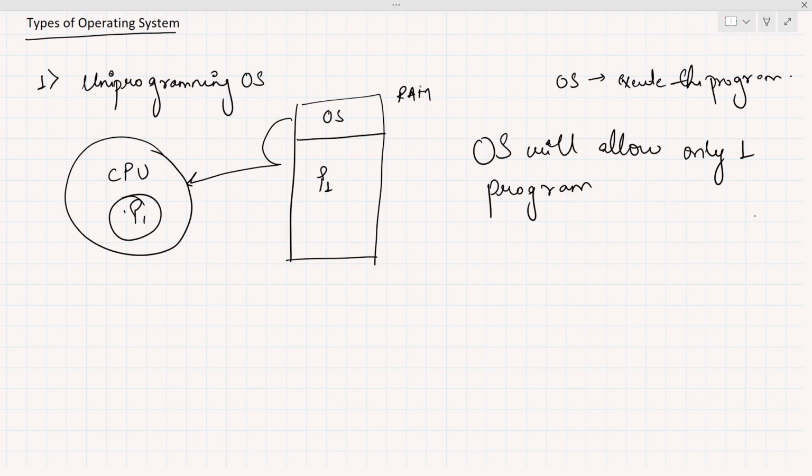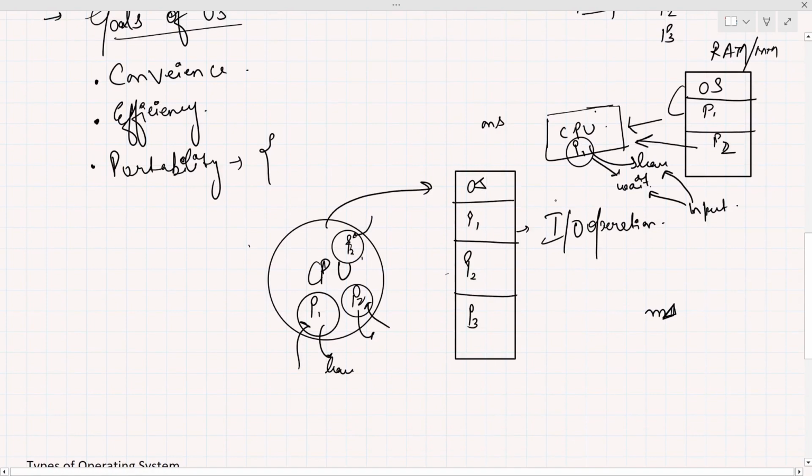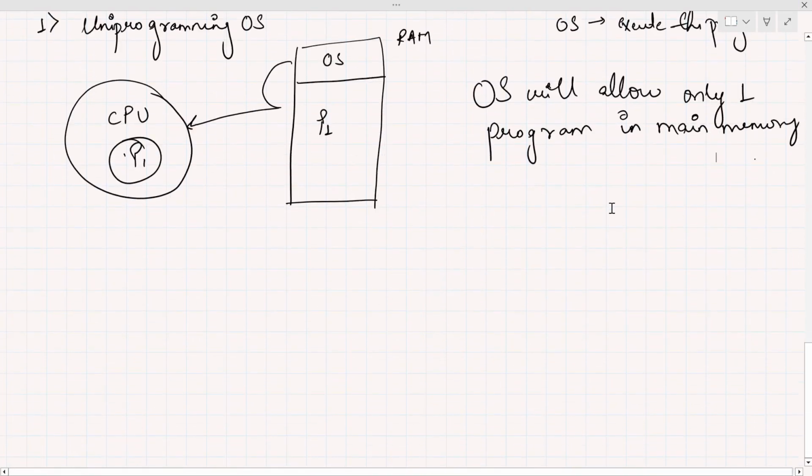Here you can see it's RAM, and in the RAM there is the operating system and only one program. That's why it's called a uniprogramming operating system. The OS will allow only one program in main memory, or you can say RAM.